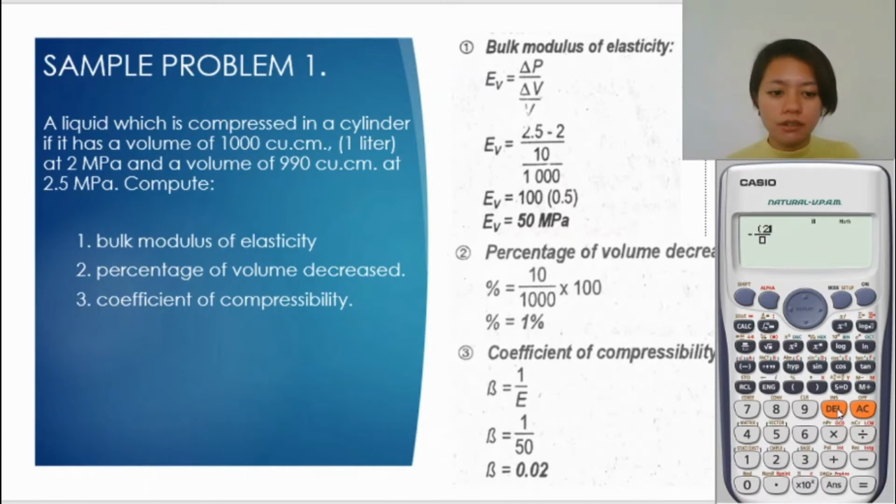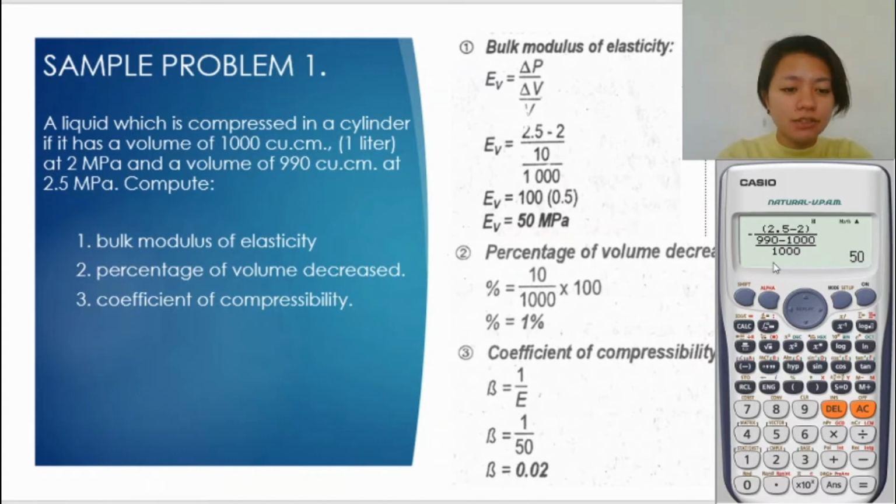Then the final pressure is 2.5 minus 2, and then for the final pressure, 990 minus 1,000 over 1,000 equals 50 megapascals. You may wonder where the negative sign went; it wasn't included in the solution.